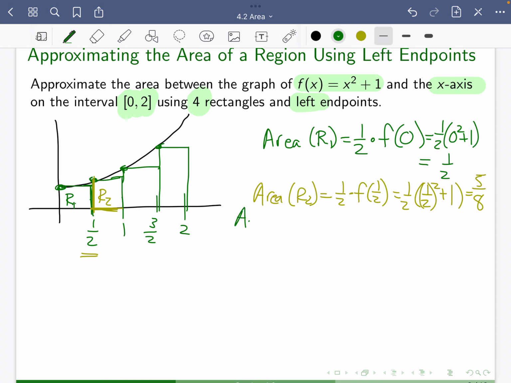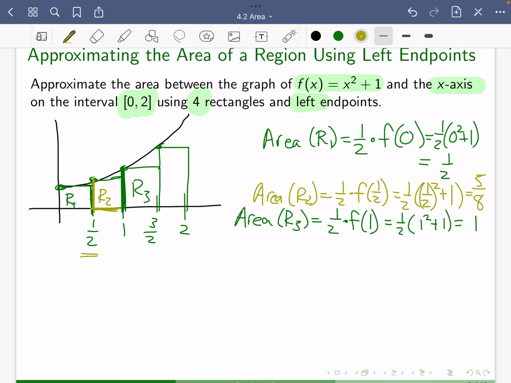Then we have the area of region 3. The width again, 1/2. The function value at 1 is going to define the height. So there, we get 2 times 1/2, which is just 1.